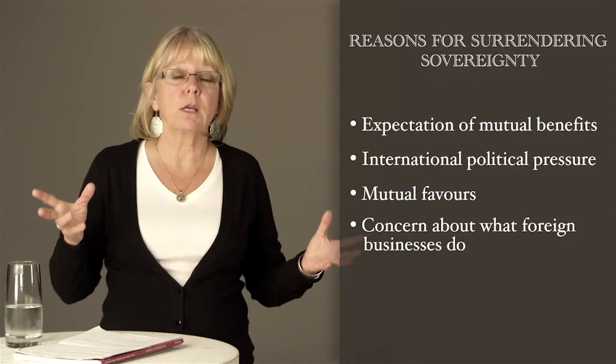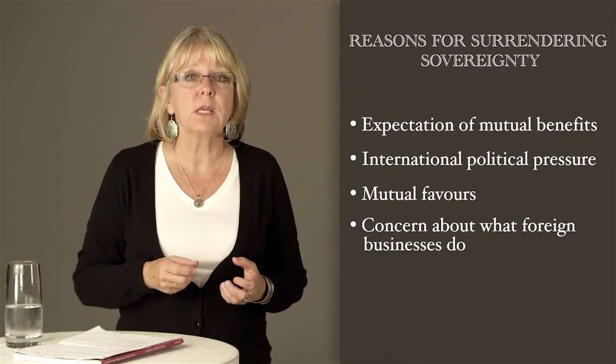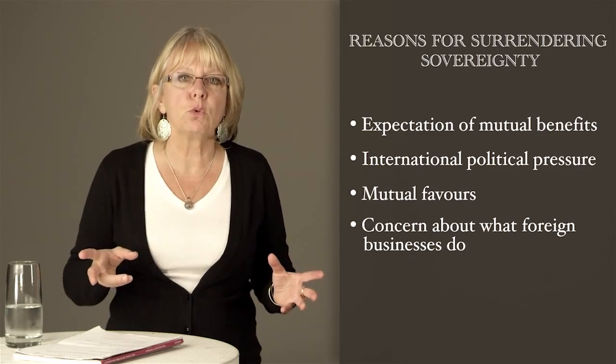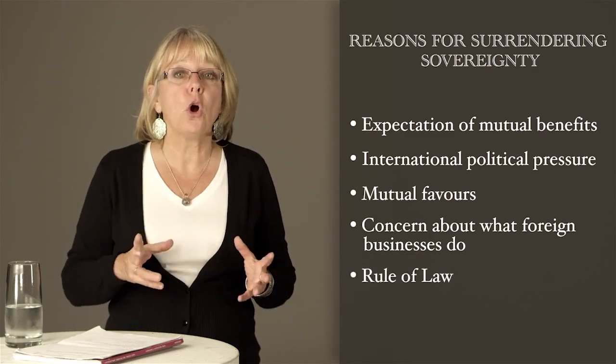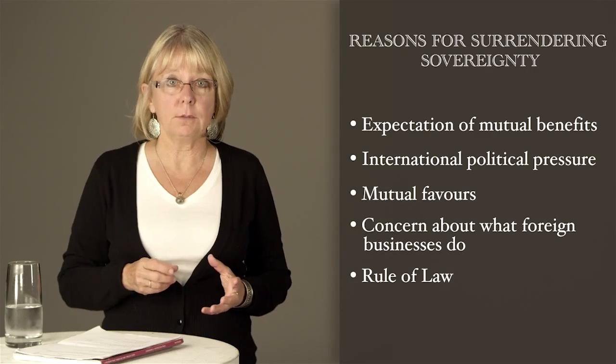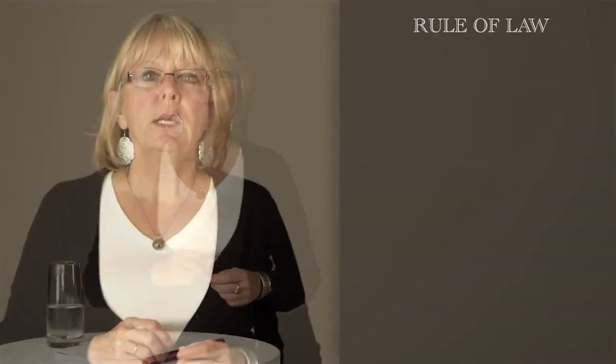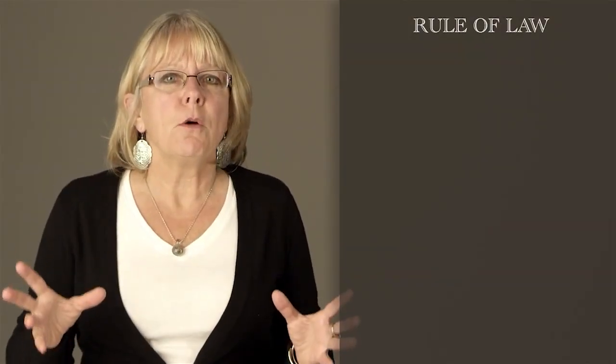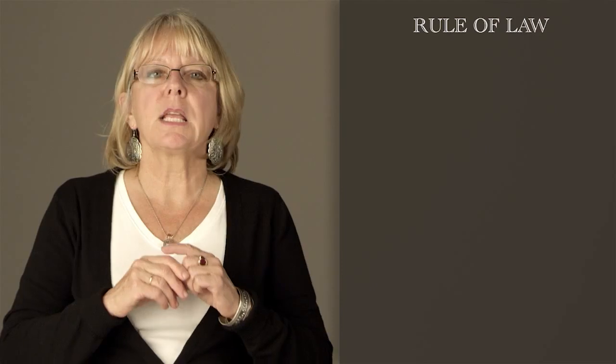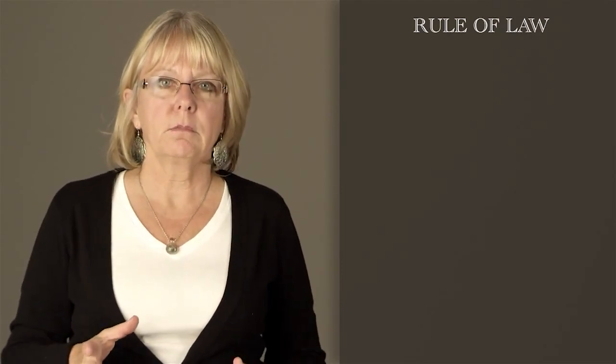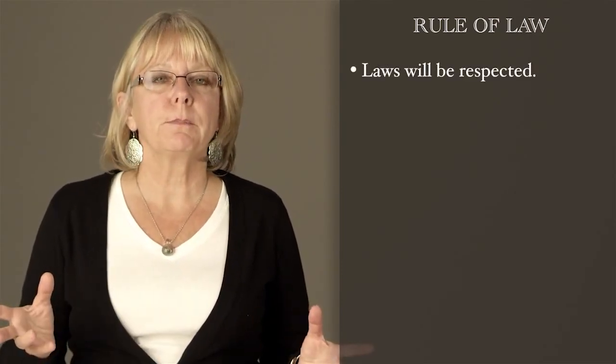Yet another reason why countries live up to their commitments is a recognized rule of international law called the rule of law. This is the next foundation principle of both national law and international law that we're going to look at now. The principle of the rule of law says very simply that laws will be respected.